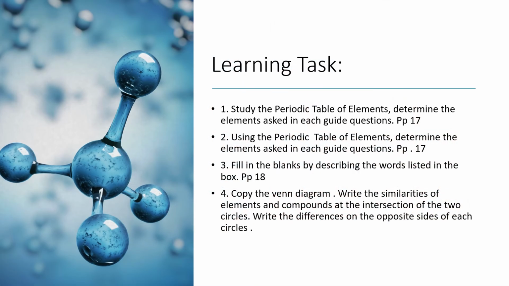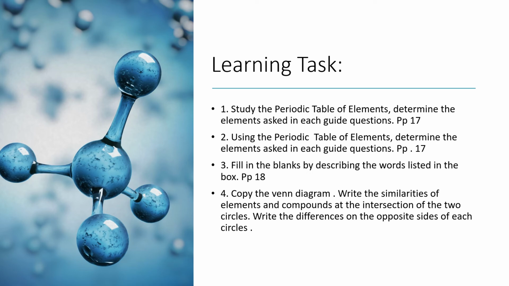Okay. For your learning task, in your module, you are going to study the periodic table of elements. Determine the elements as in each guide question. So look on page 17 in your module. And learning task number 2, using again the periodic table of elements, determine the elements as in each guide question.